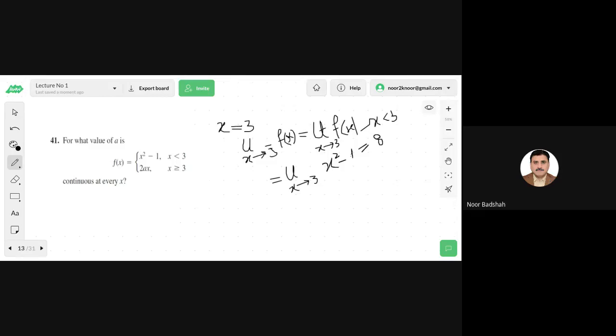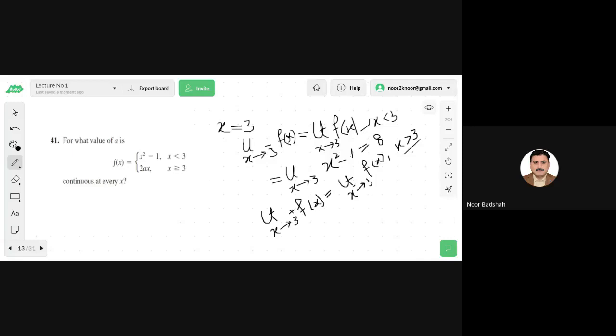The left hand limit is 8, while the right hand limit, f of x, that is limit x goes to 3 plus of f of x, with the condition x is greater than 3.